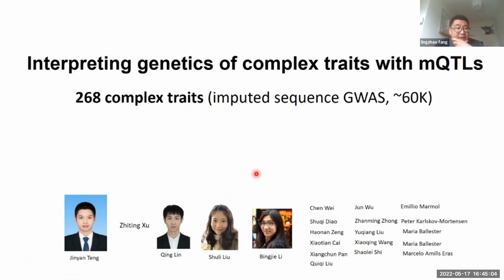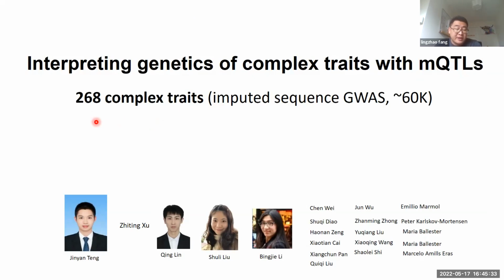So the next step, we look at whether the resources we developed, the pig GTEx resources, can really help us understand the genetics of complex traits in pigs. So we integrated these QTLs with the GWAS summary statistics from 268 complex traits of very important economic value.